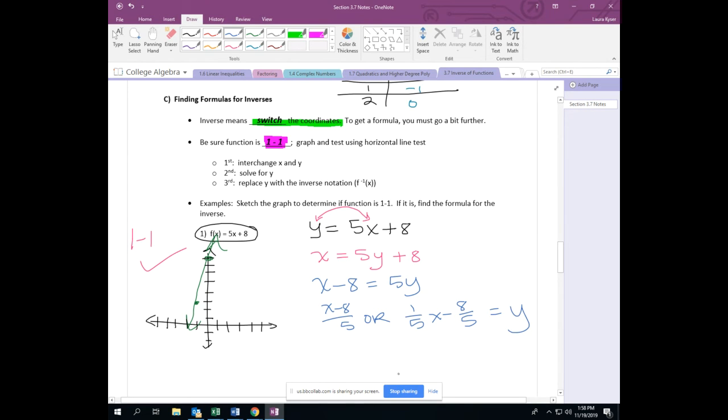Either way, there's your inverse. This is typically how we write these types of equations, so maybe just leave it like this. F inverse of x is 1/5 x minus 8/5. And there is your inverse.